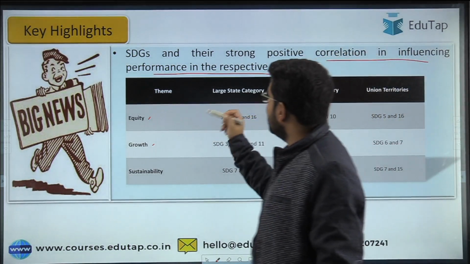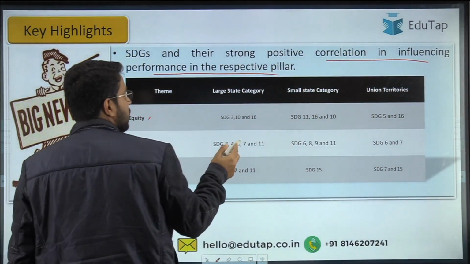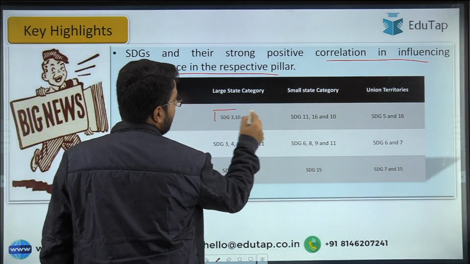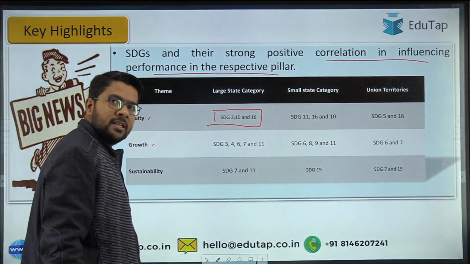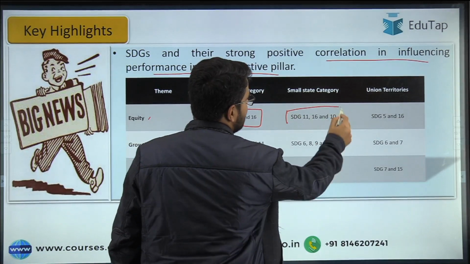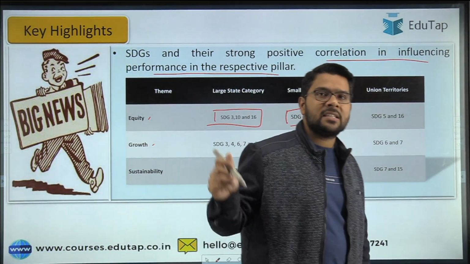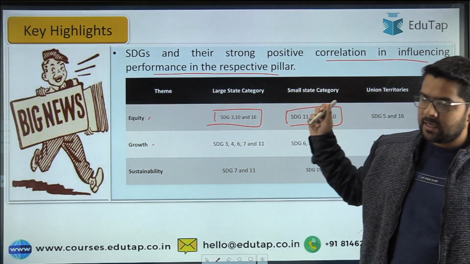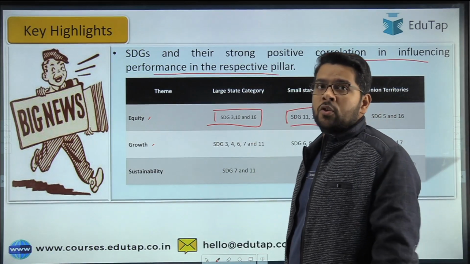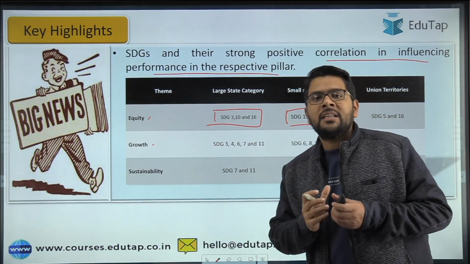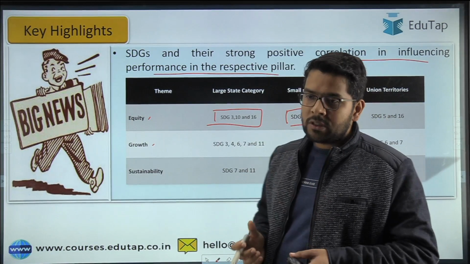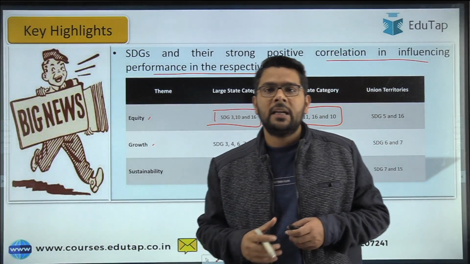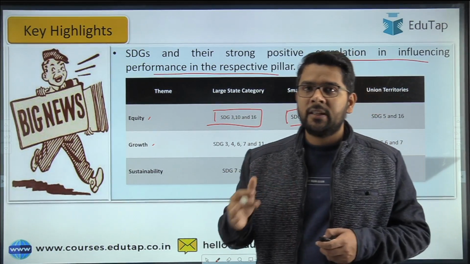Like in the large state category, the equity pillar has the large influence of sustainable development goals number 3, 10 and 16. In the small state category, there are 11, 16 and 10. So this is important data and can be asked in phase 2 of our exam. Because there was mention of the 13 sustainable development goals and how they map with the indicators, I already mentioned that.